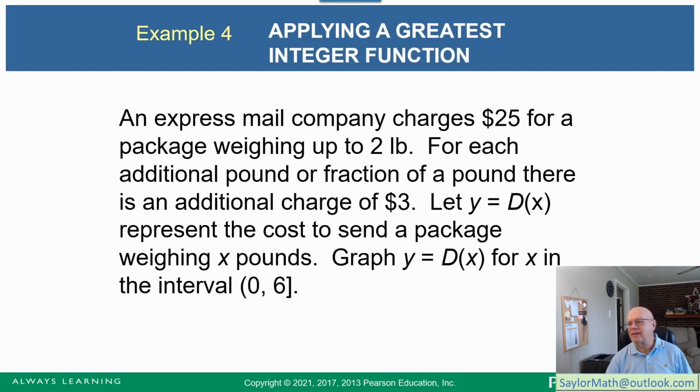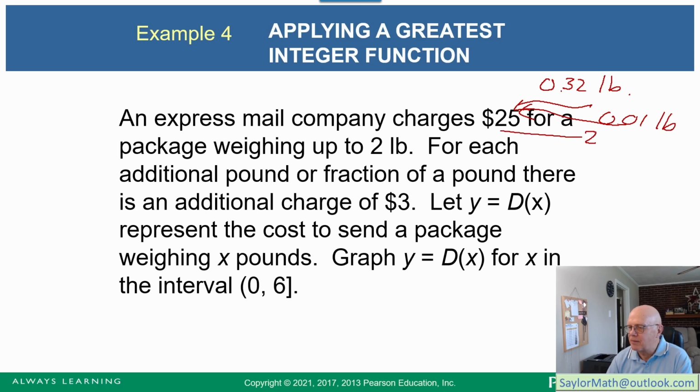Now here's a good example. It says the express mail company charges $25 for a package weighing up to 2 pounds. So even if it's 0.32 pounds, it still costs $25. If it's 0.01 pounds, it still costs $25 until you get to 2 pounds.